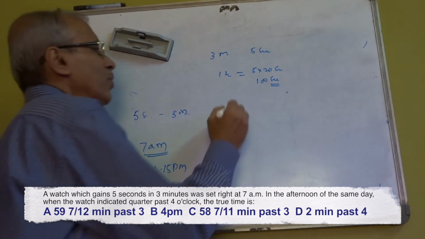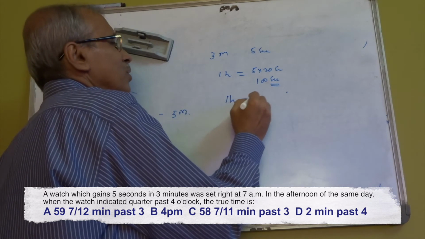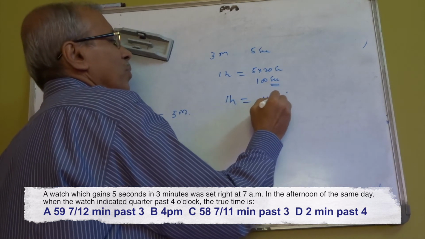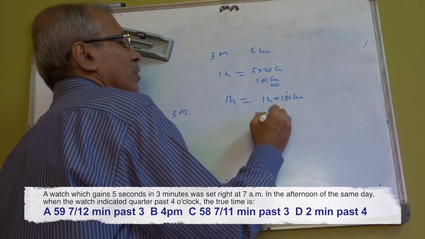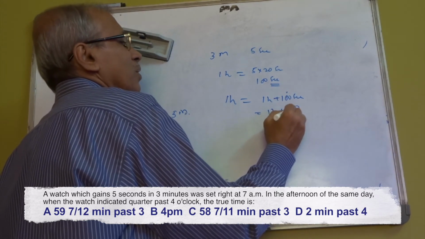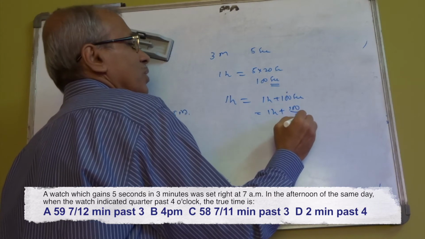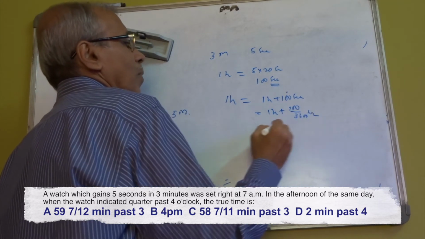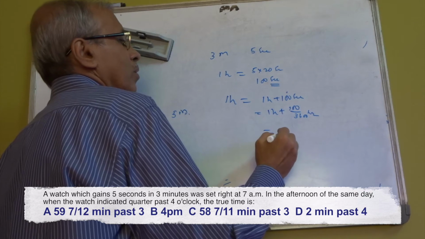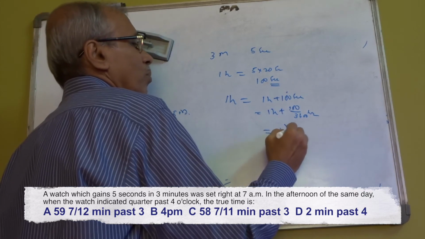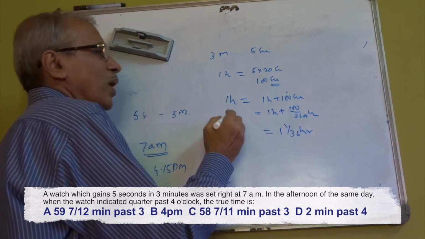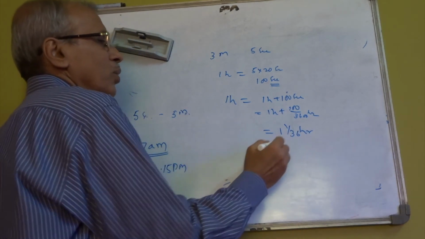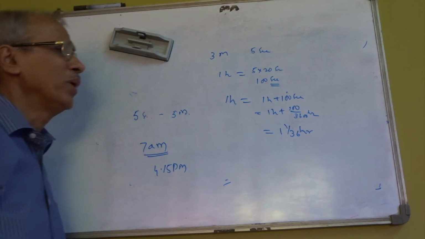So instead of the correct 1 hour, this watch will show 1 hour plus 100 seconds, or 1 hour plus 100 by 3600 hours. That is 1 by 36 hours. So when the actual time is 1 hour, it is showing 1 hour and 1 by 36 hours.